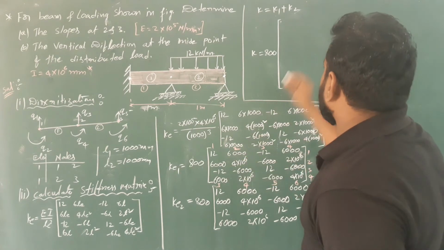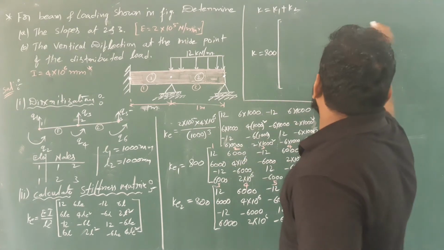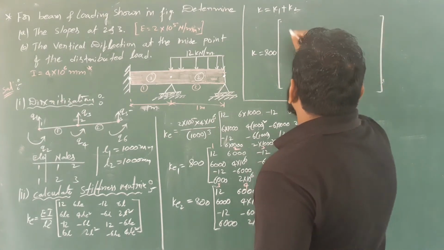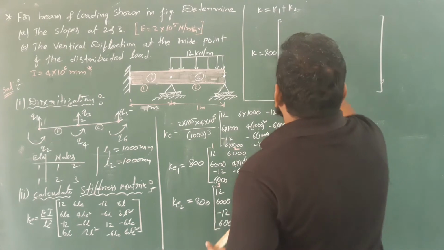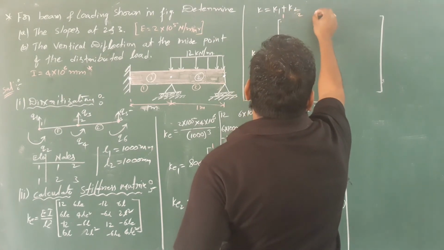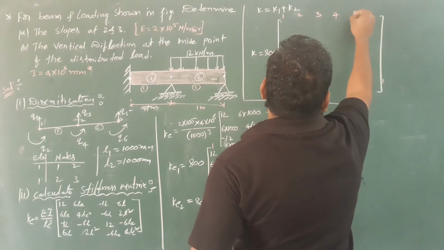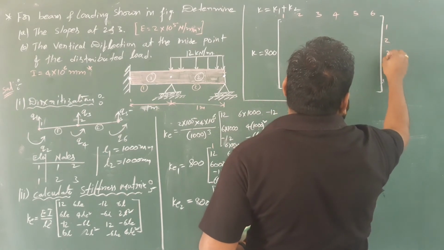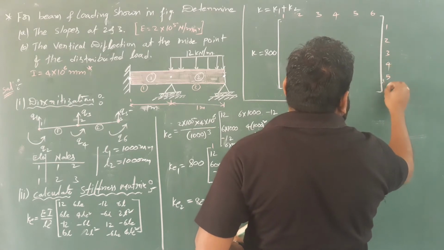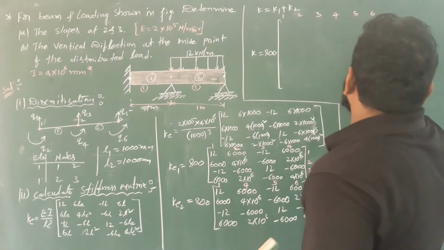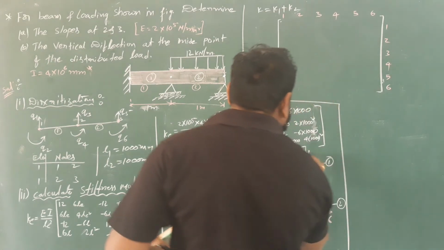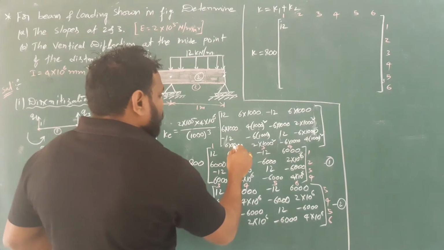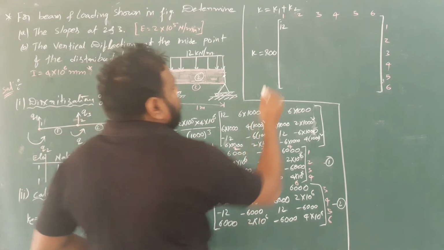So first row, first column. This is first row, second, third, fourth, 5, and 6. Okay, write it. First row, second column is 6,000.